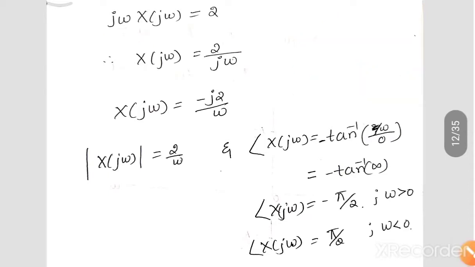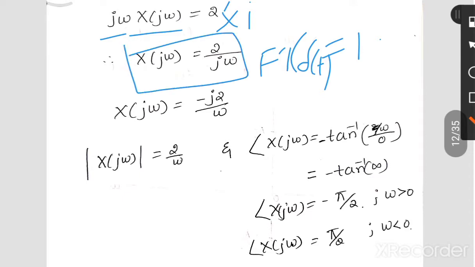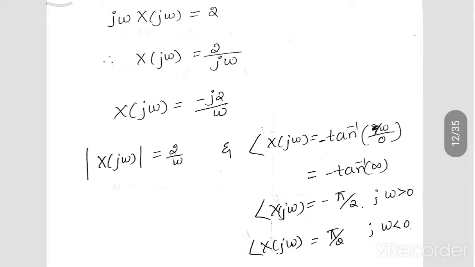So j omega into x of j omega equals 2 into the Fourier transform of delta, and the Fourier transform of delta of t is equal to 1. So we write 2 into 1 here. Therefore, x of j omega will be equal to 2 divided by j omega. This is the Fourier transform of the signum signal.